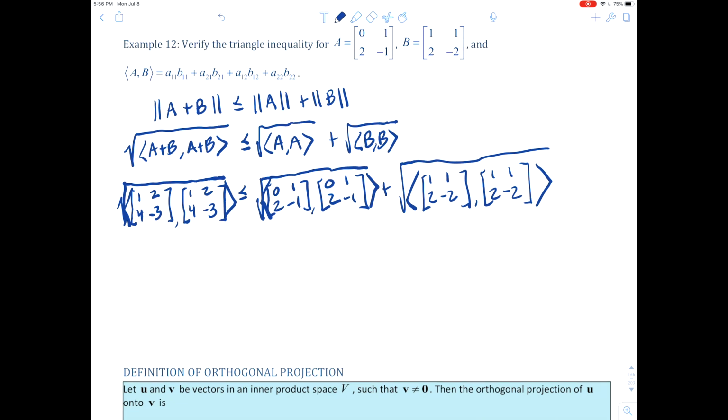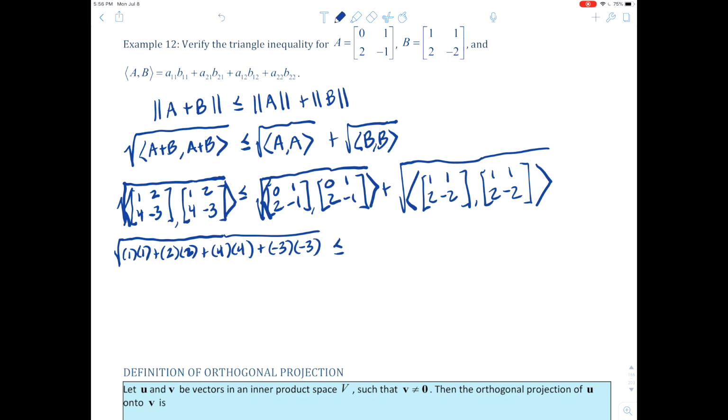So here we go. This one will be the square root of 1 times 1 plus 2 times 2, plus 4 times 4, plus negative 3 times negative 3.